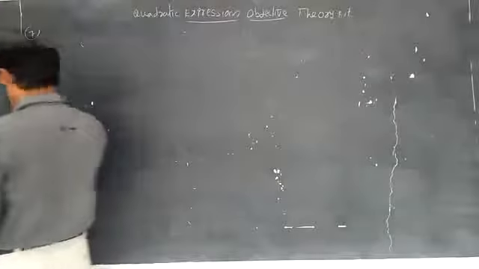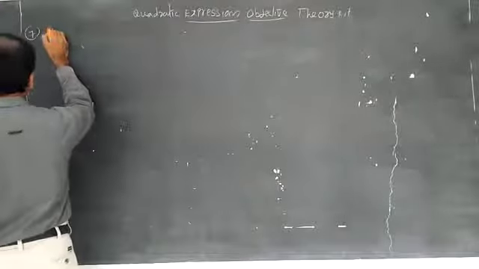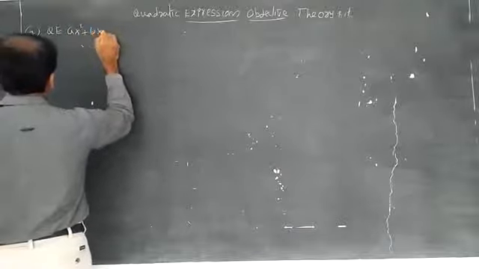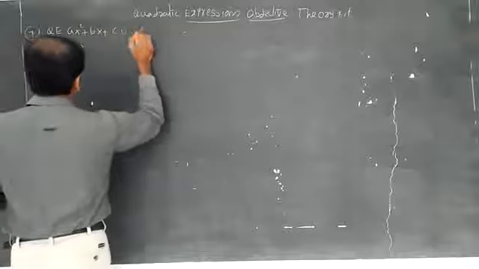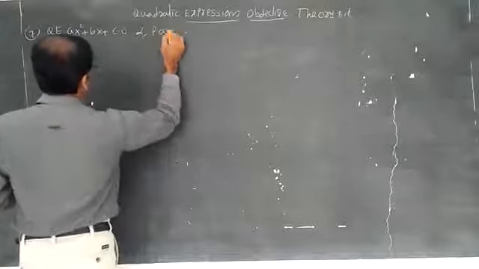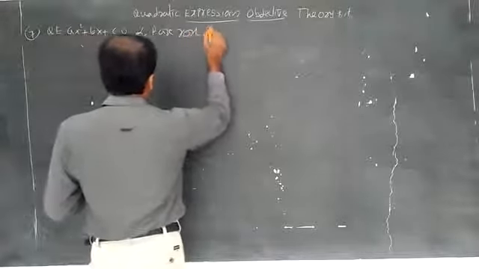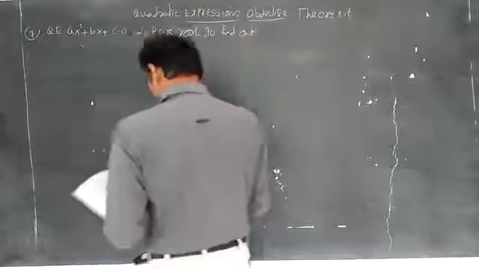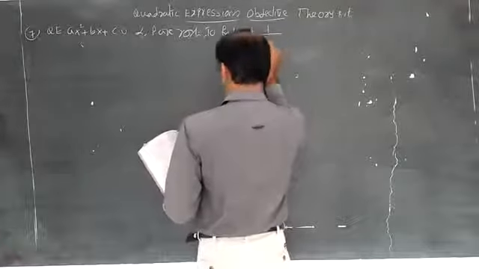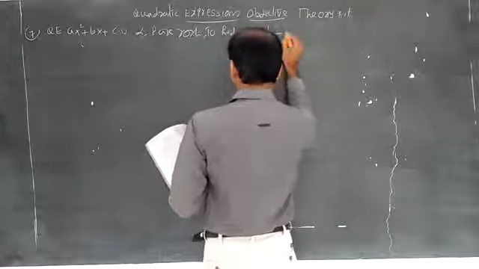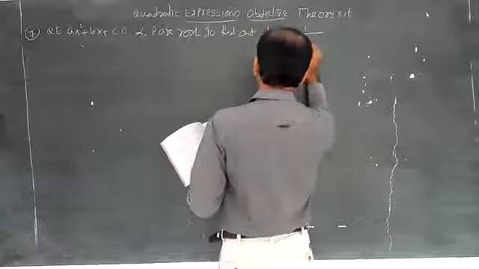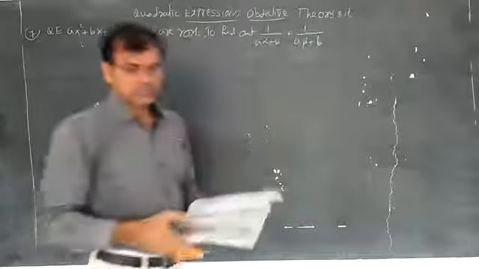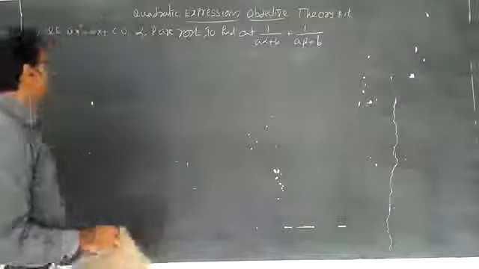Then find 1 by (a alpha plus b) plus 1 by (a beta plus b). The quadratic equation is ax square plus bx plus c equal to 0, alpha comma beta are roots. Whenever alpha, beta are roots, we need to find out 1 by (a alpha plus b) plus 1 by (a beta plus b).